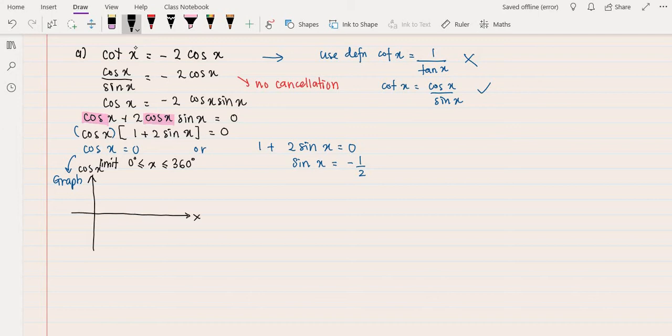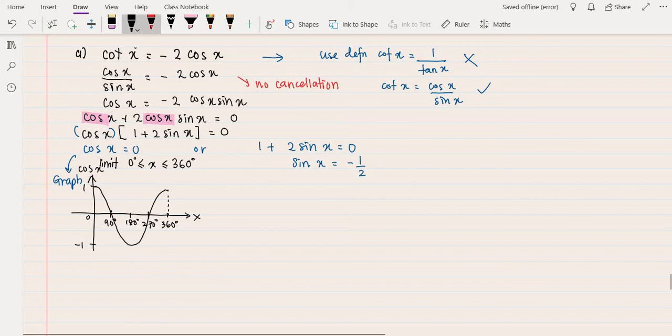So graph for cos x will start at the maximum value, and then it will go down and go up again, and the end is 360 degrees, and the middle is 180 degrees, 270 degrees, this one will be 90 degrees and 0 degrees. So when our x is 0 degree, cos x will take the value 1, and when x is 180 degrees, cos x will be negative 1.